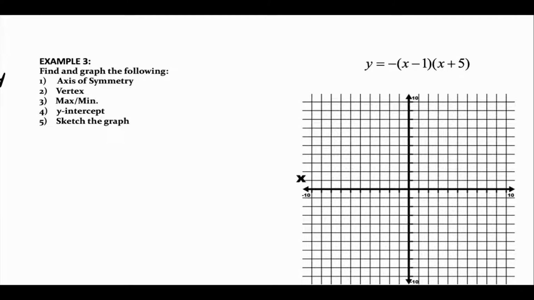So that means it's going to have an A, it's going to have a P, and it's going to have a Q. So what I want you to do right now is tell me what those values are. That's what we're going to do next. So write those down. Okay, so we got factored form.